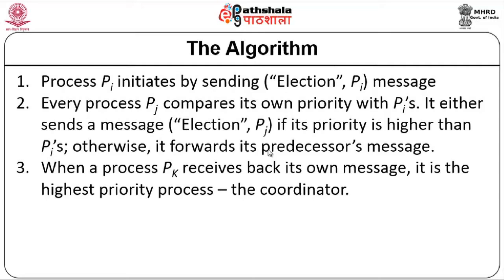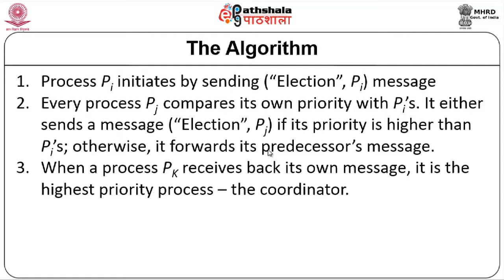So, that is the third step of the algorithm, which says when a process pk receives back its own message, that means election comma pk, then pk understands what? That it is the highest process. Why do we say that?